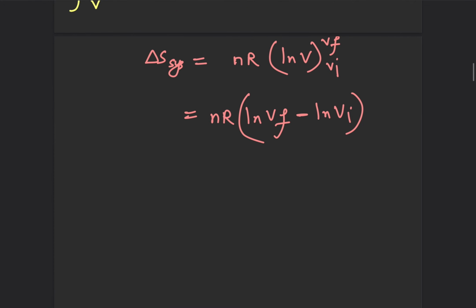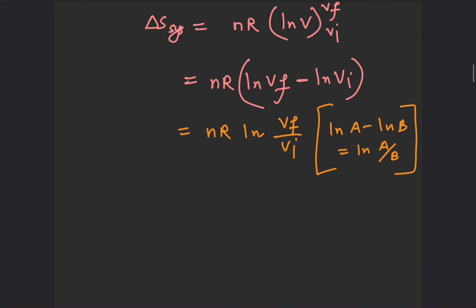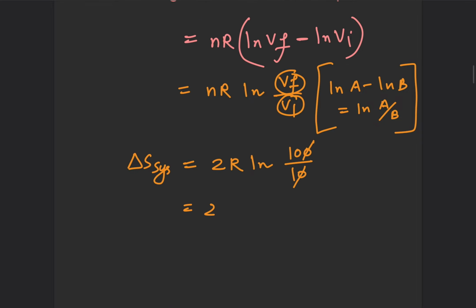This will become nR ln of Vf divided by Vi, because ln a minus ln b is equal to ln of a by b. And therefore delta S system will be equal to 2R ln of the final volume, 100 liters, over the initial volume, 10 liters. So it is equal to 2R ln 10, obviously base e.